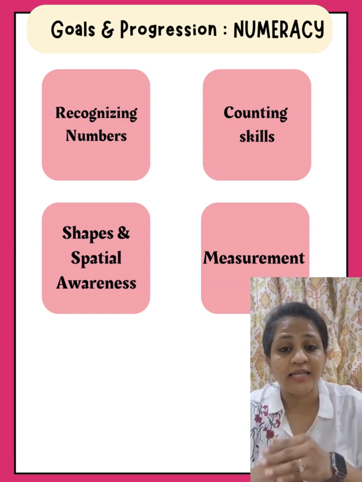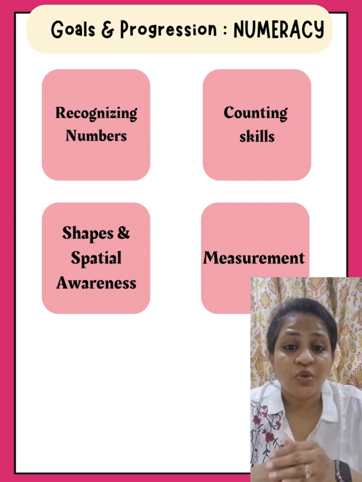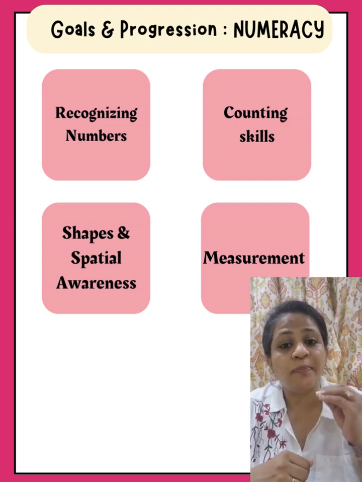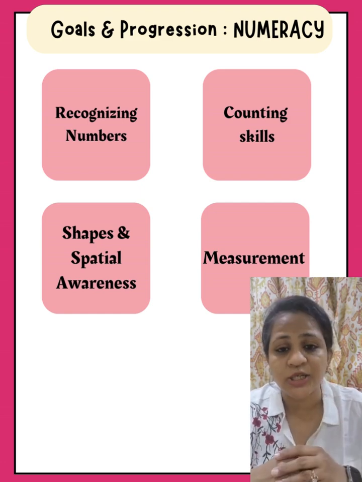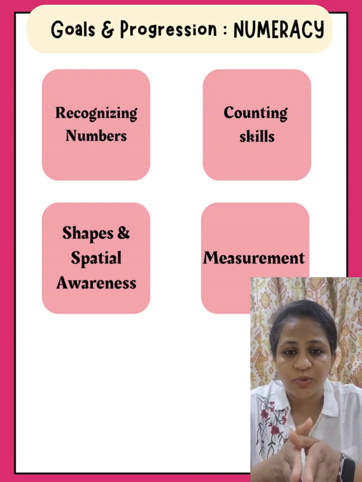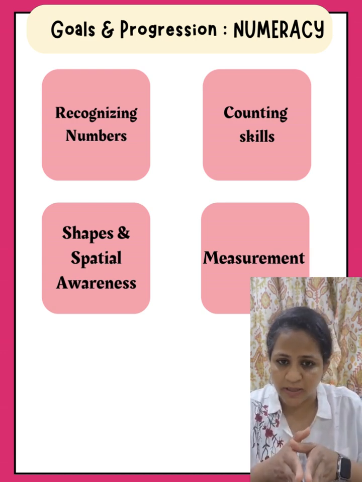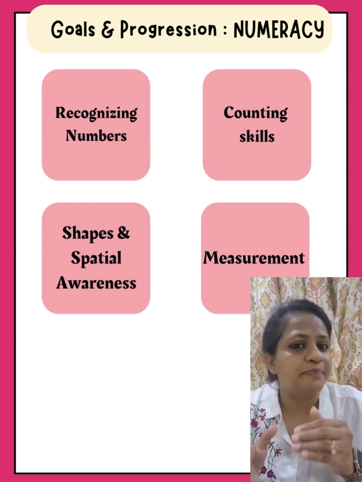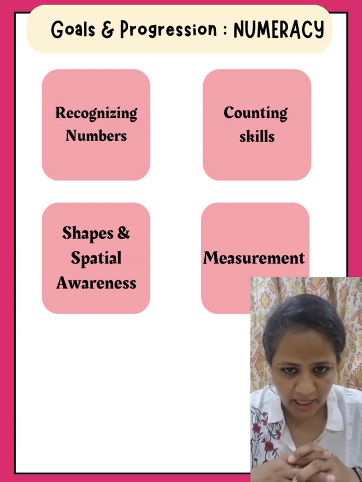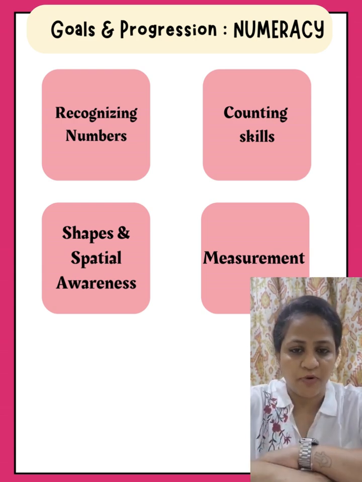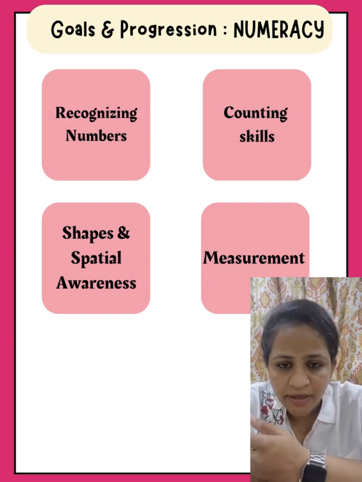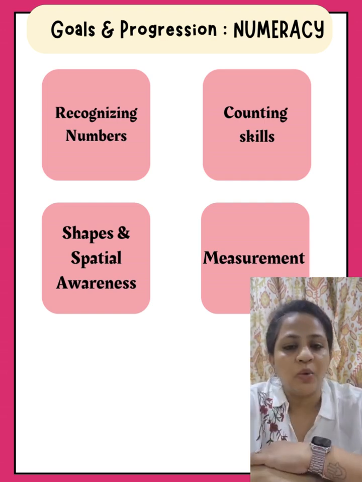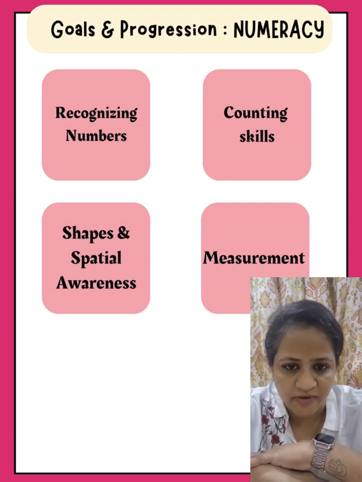Along with that, the idea is also for them to follow basic instructions or activities, such as you need to put 5 blocks in this particular basket, or they can count up to 5 at least in the beginning, as we progress. Followed by number recognition and counting skills, we have shapes and spatial awareness.